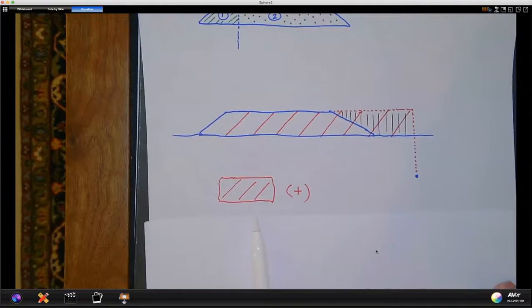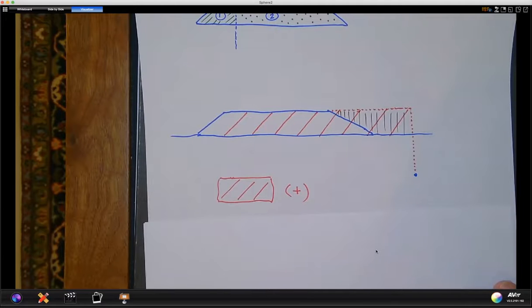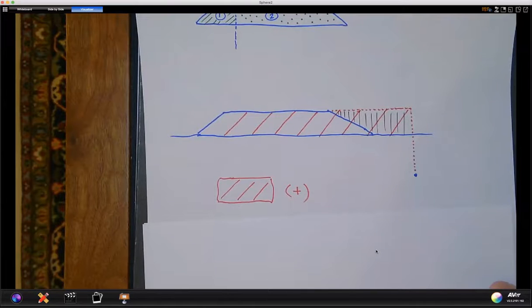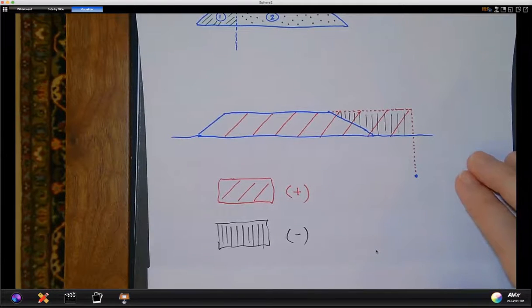So like we did in the M&N chart with rectangles, we actually have to take out this portion that was overloaded and not really there. And hey, conveniently, it's the shape of an embankment. It happens to be upside down, but the math still works out the same. So we actually come back with that portion, black vertical hatching, as being negative.